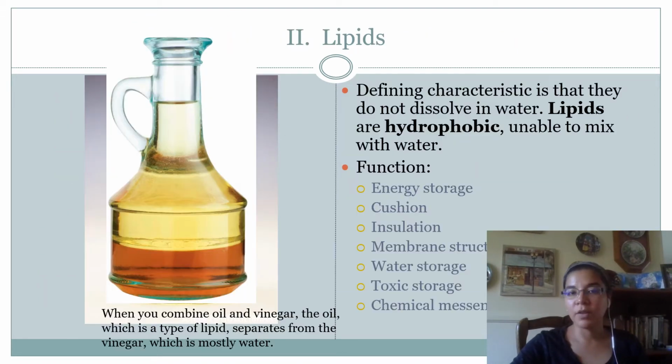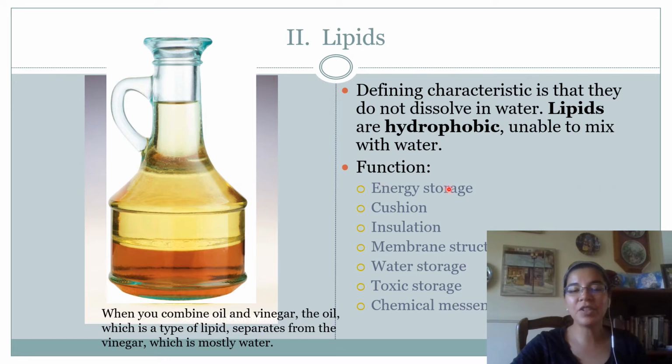The next macromolecule is our lipids. Lipids, which we know more commonly as fats, have the defining characteristic that they do not mix with water. They are molecules that are hydrophobic, unable to mix with water. What are the functions of lipids? Think about the fats that you consume. Think about the fats that you find in your body.